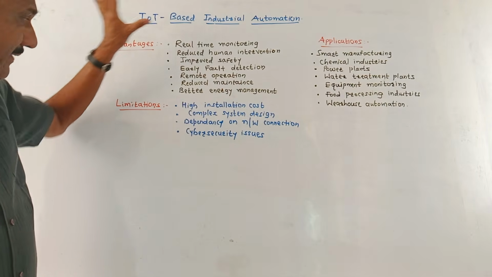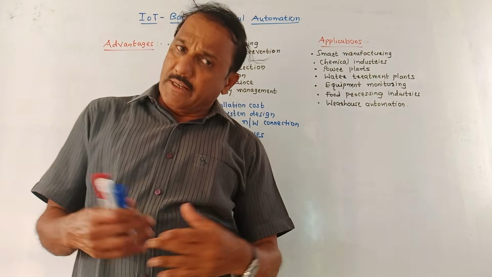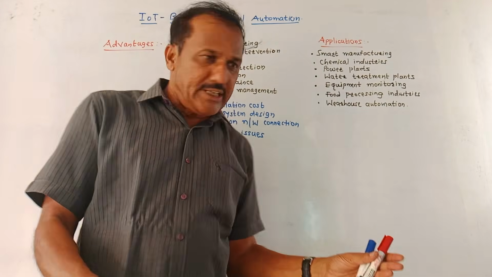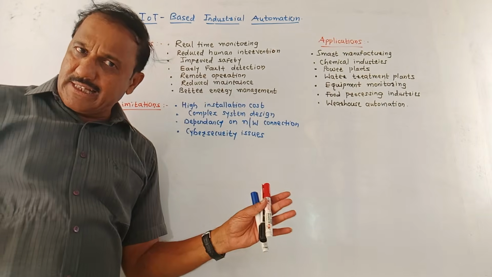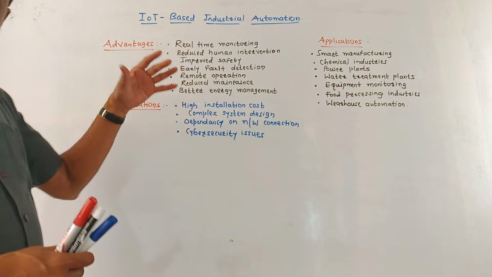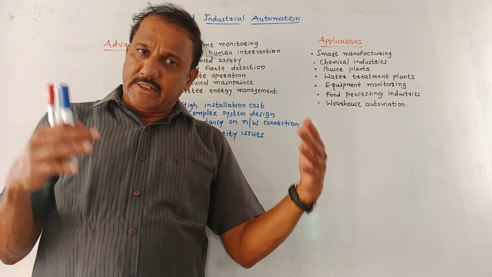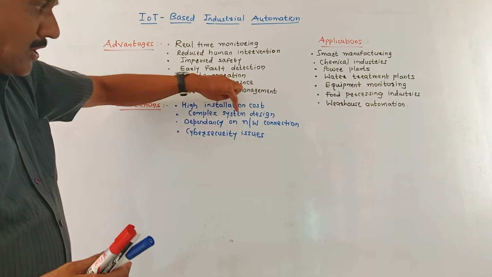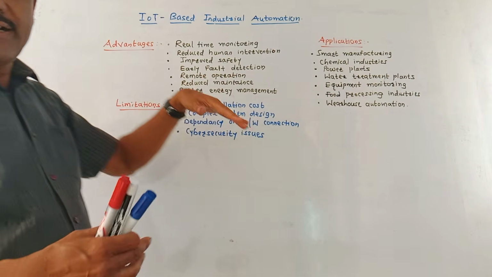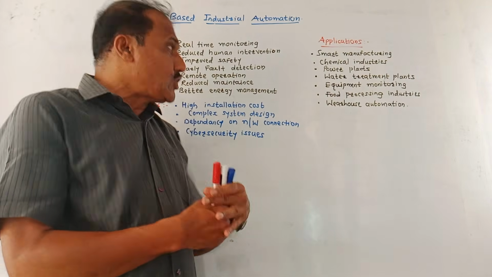This is the list of advantages. There are of course certain limitations. The major limitation is high installation cost, then the system design is complex, and of course we are making use of the internet connection, cloud platform and so on. So there is a dependency on network connection, and there may be cybersecurity issues.